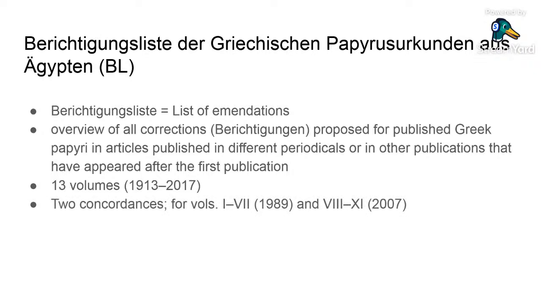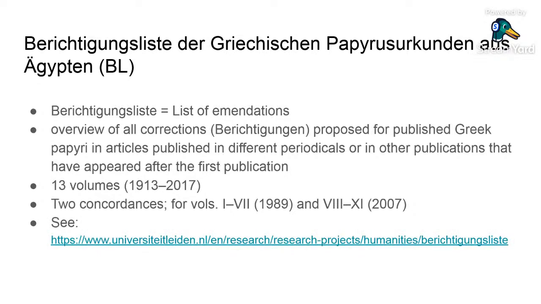So it's an ongoing thing. And there are 2 concordance volumes, for volumes 1 to 7, and then the second from volume 8 to volume 11. And there is a link also in our GitHub page, but here as well for the Berichtigungsliste website, where you have the whole list of the volumes and a bit more information.